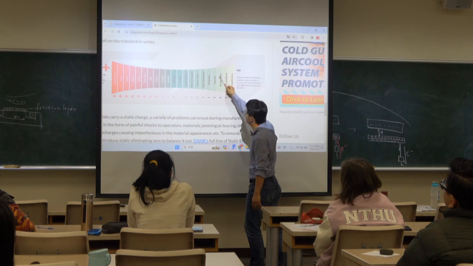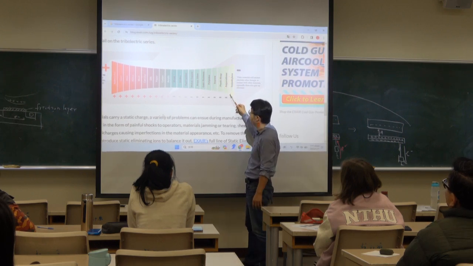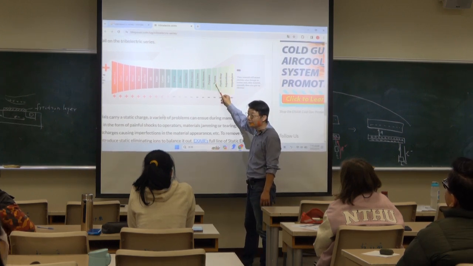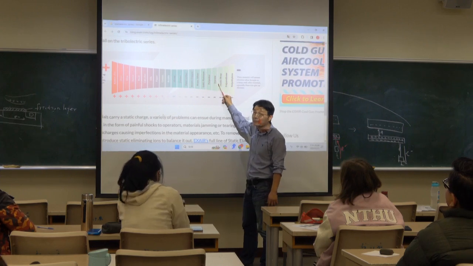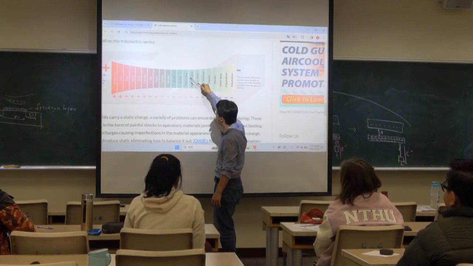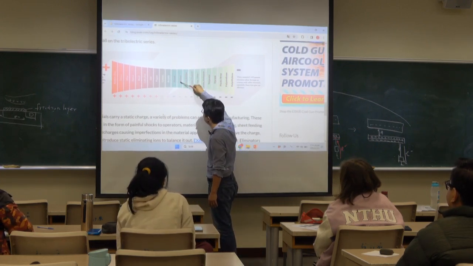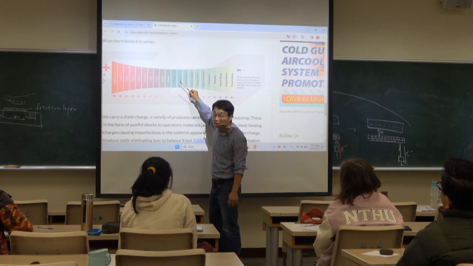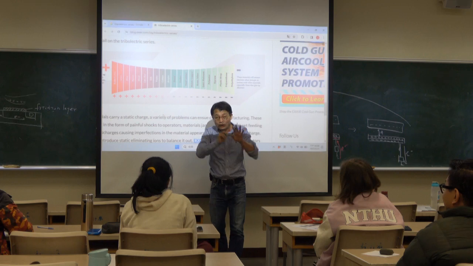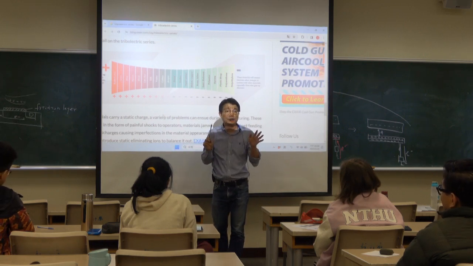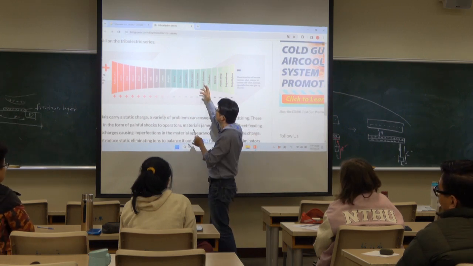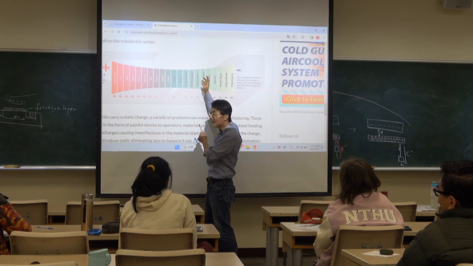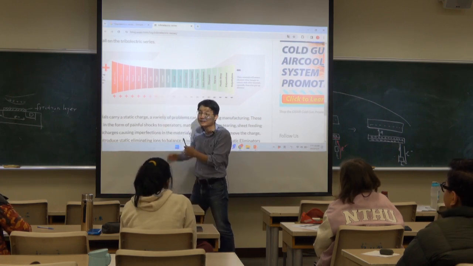On the right-hand side, it becomes negative, which is the plastic. I would say semiconductors are just around here. All the materials have a tribal electrical property, just that the property is positive or negative. Do you understand what I mean?